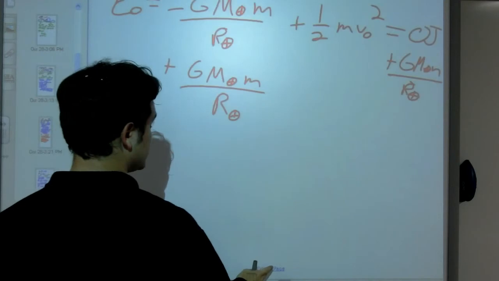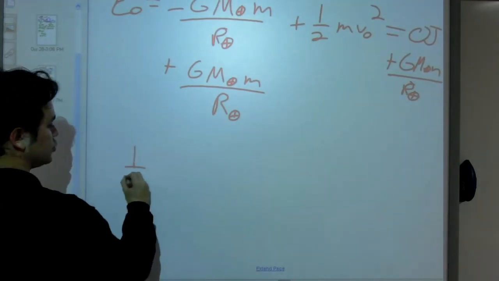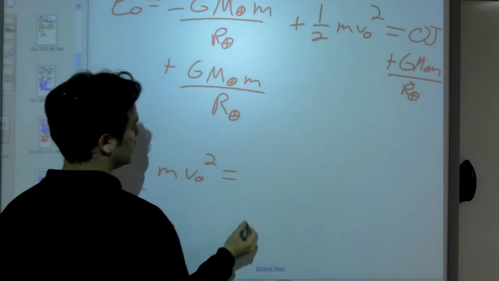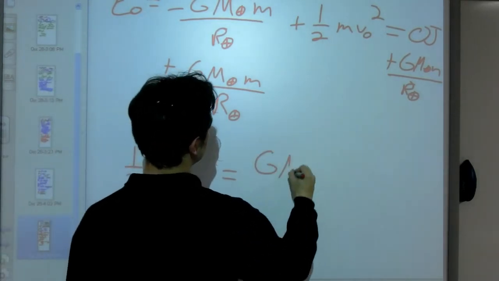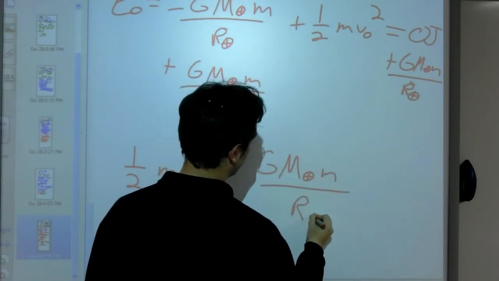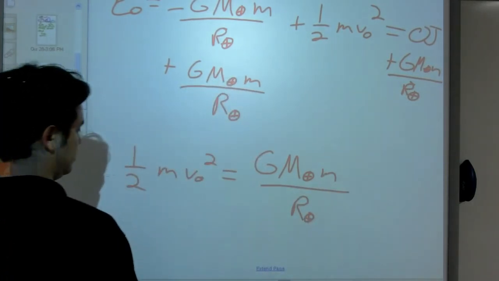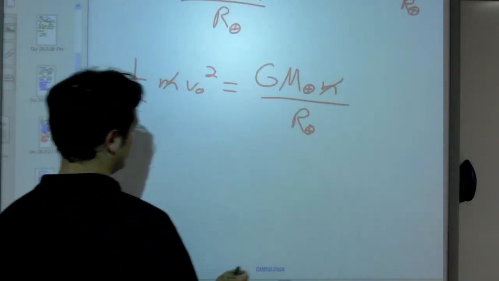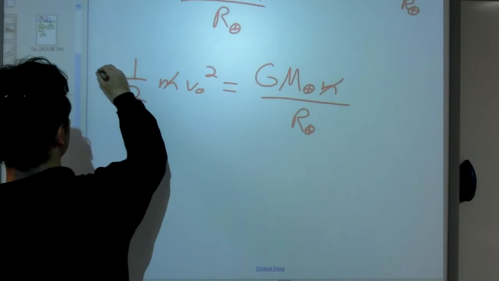So now I'm at a situation where I've got 1/2 m v naught squared, my initial energy, equals G times mass of the Earth times mass of my object divided by the radius of the Earth. Well, I didn't know what my mass was, but conveniently it cancels out. I can multiply both sides by 2.